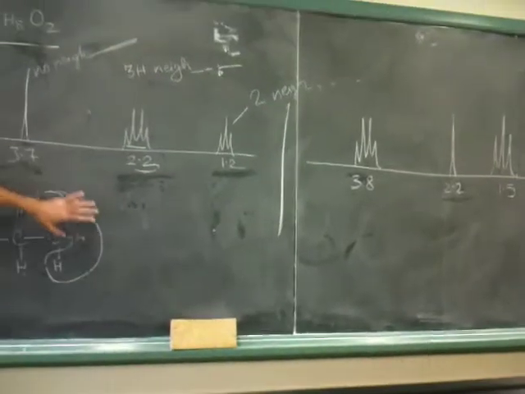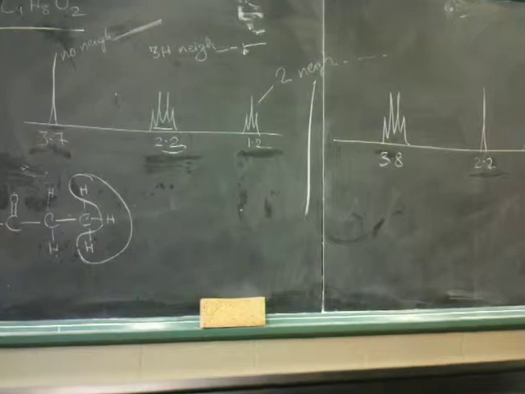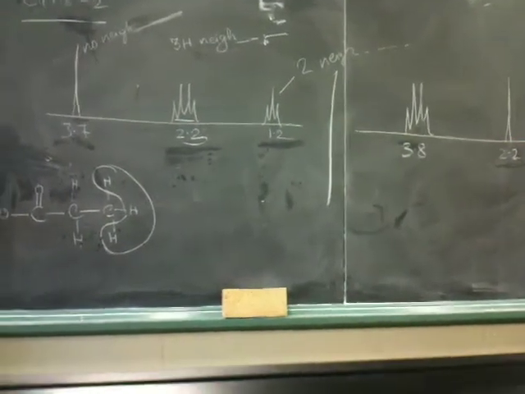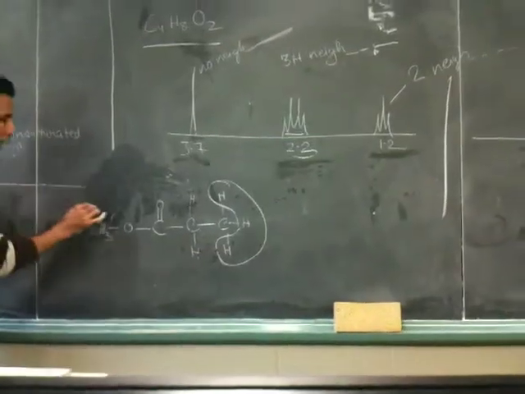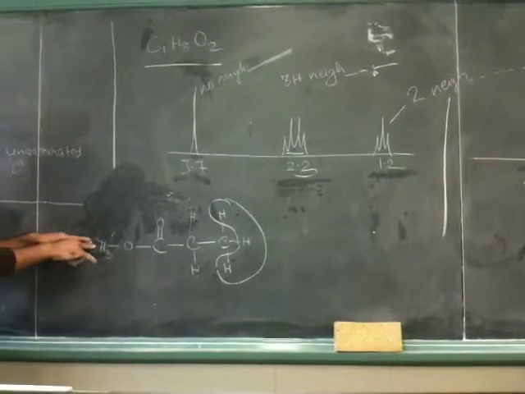Okay, guys, one thing: whenever you are solving it, whether it is an exam, whether it is your lab report, whether you are solving it for yourself or for someone else, please write a number or a letter to indicate one set of protons.